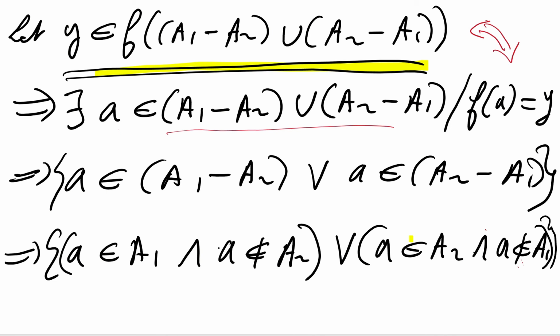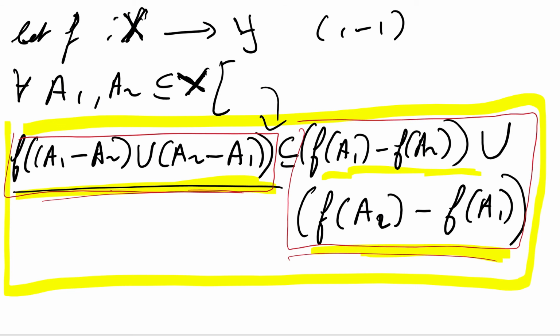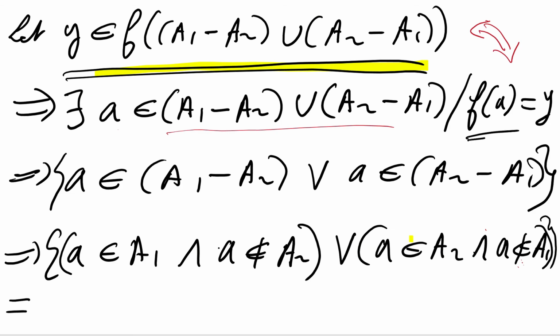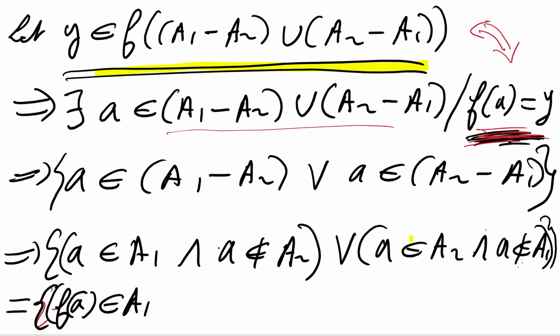So from here, what was f of a? f of a was y, right? So look at this, f of a is y. That means, because it's a one-to-one function, we can change this to f of a is in f of A1.